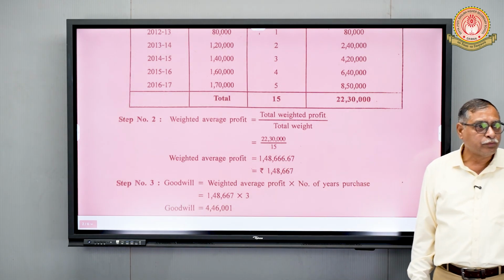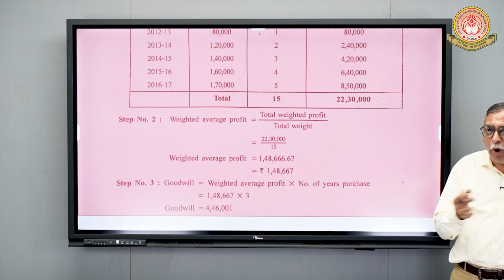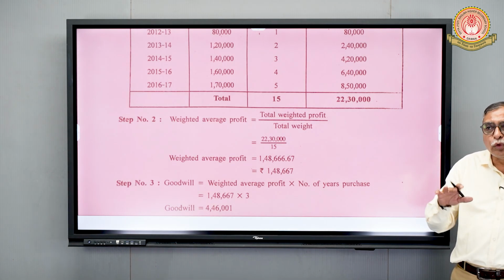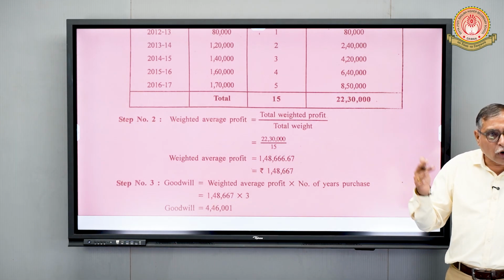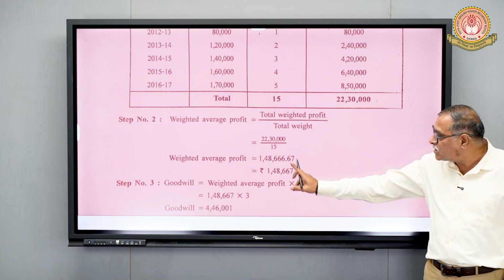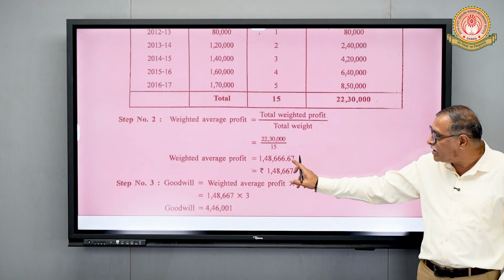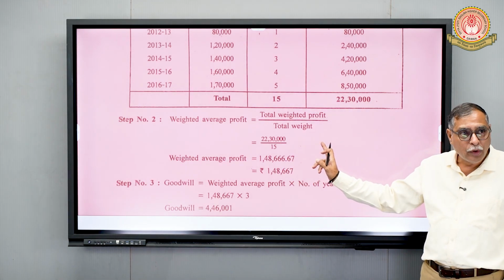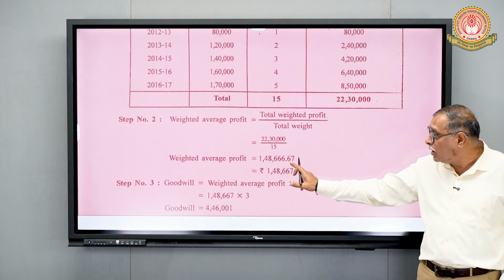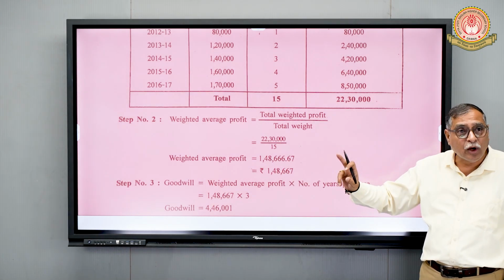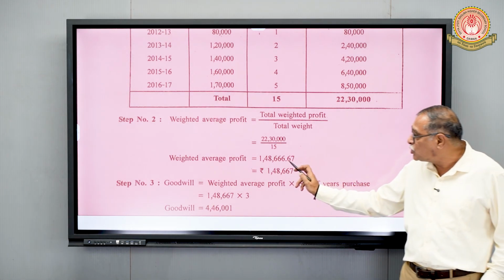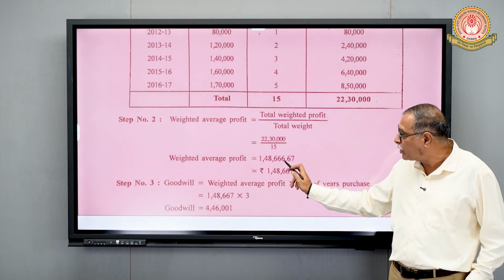So what we will do? In accounts, we don't take in points. We round it off to the nearest rupee. So what will be the nearest rupee? If after the point, the first digit is 5 or above, that means you have to increase the previous digit before the point.